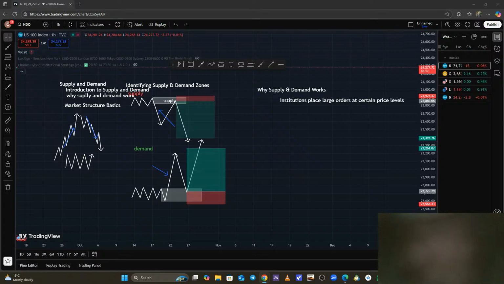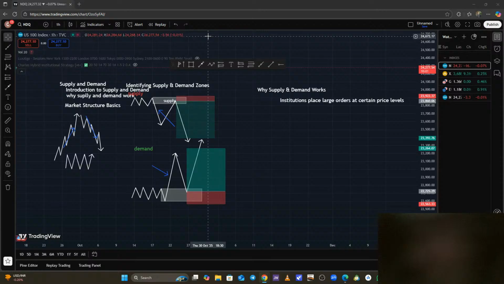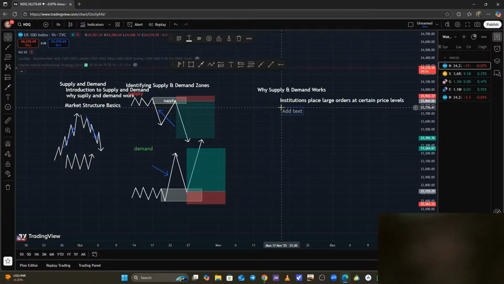Then number two, why we trade supply and demand is because we want to trade with the institutions. Let me show you why I'm saying that. When you're trading supply and demand, you have it in your mind that you're not only taking this trade as a retail trader, but there are banks, big institutions and hedge funds trading at this specific level.